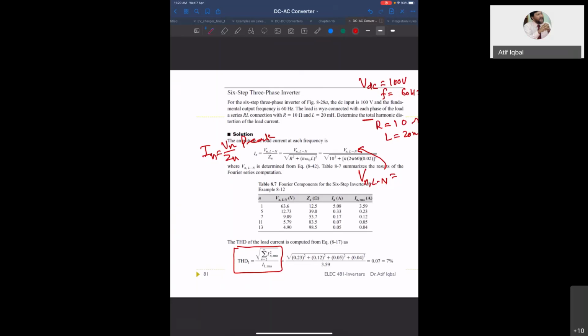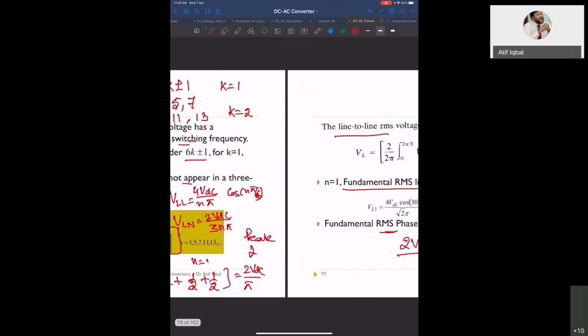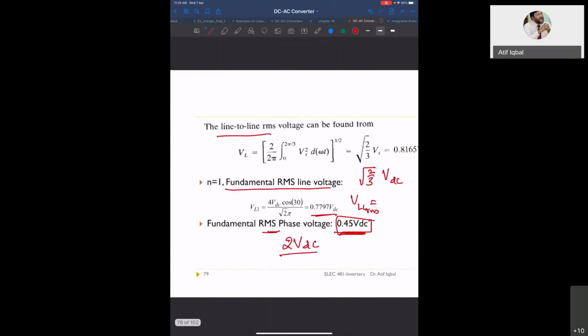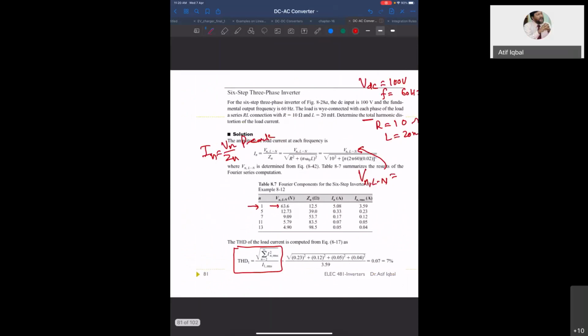So for the fundamental, the line to neutral voltage is how much? Let us calculate. 2 VDC upon pi. So VDC is 100, so this becomes 200 divided by pi.